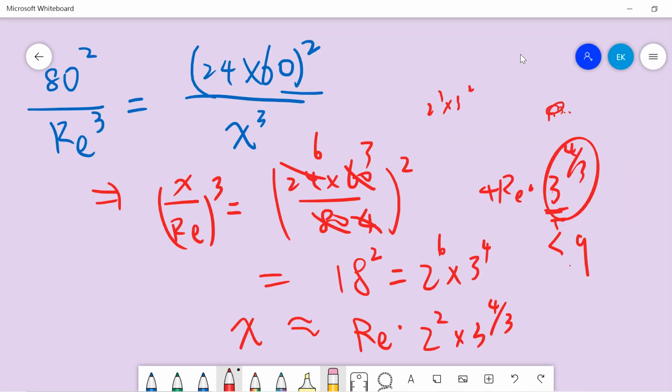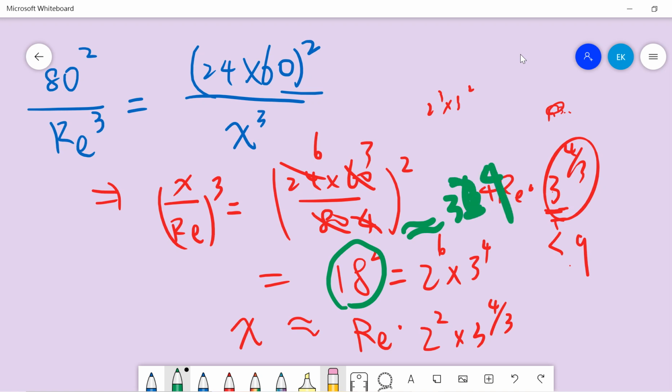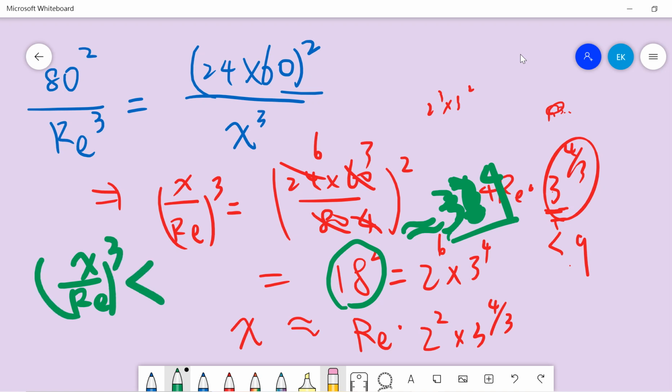So another method is that you go 18 squared, which is this one. Sorry, probably this one. So if I know 18 squared is this, then I can say that x over Re squared cubed will be less than 400.